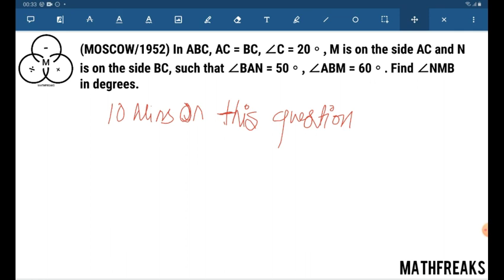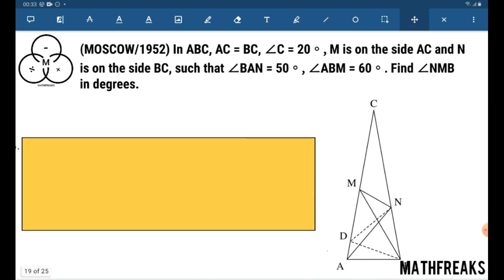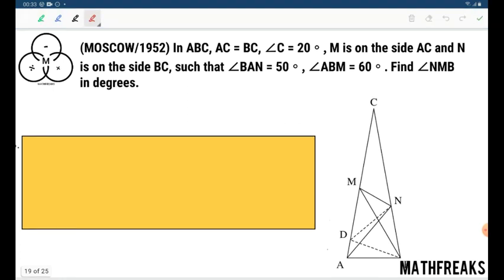In ABC, AC equals to BC, angle C is 20 degree, M is on the side AC and N is on the side BC, such that angle BN is 50 degree, angle AMB is 60 degree. Find angle NMB in degrees. The diagram I can give you. This is 20 degrees.